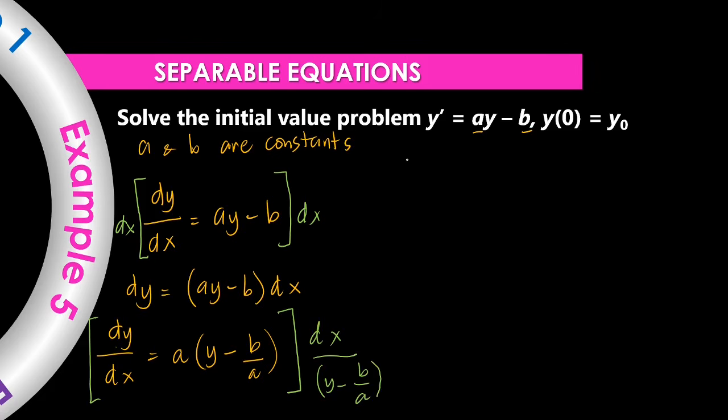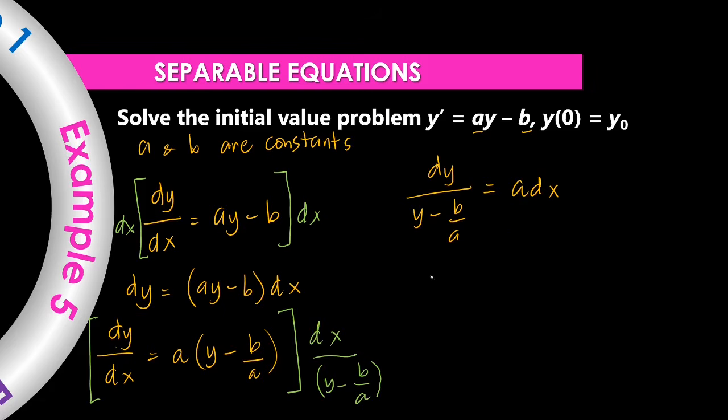Now, let us rewrite: dy over this term, y minus b over a, would be equal to a times dx. So the variables are now separated. We have all the y's on the left and the x term on the right. So we can now integrate.